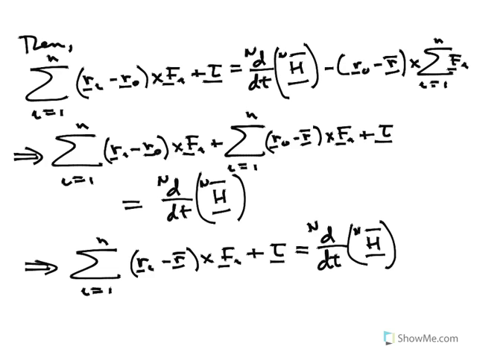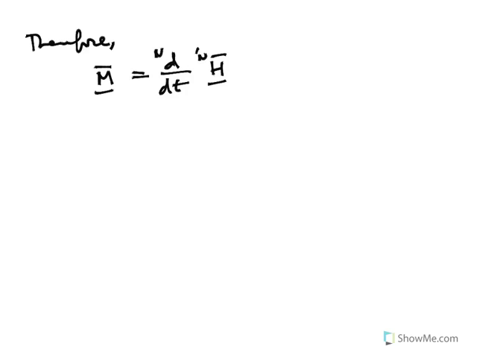And you see this last term here, this is equal to the moment relative to the center of mass. So this says the moment relative to the center of mass is equal to the rate of change in n of h bar in n. So that's the alternate form of Euler's law. So this is Euler's second law.